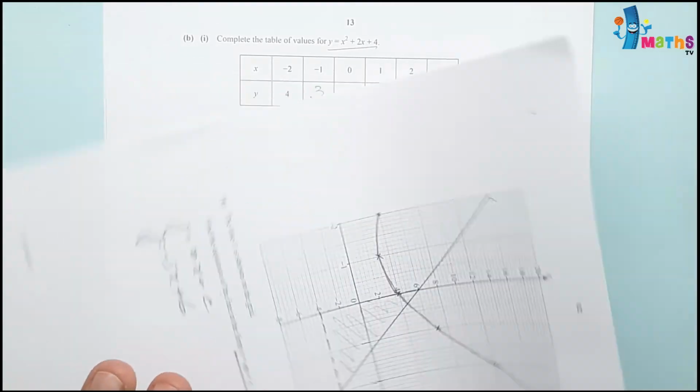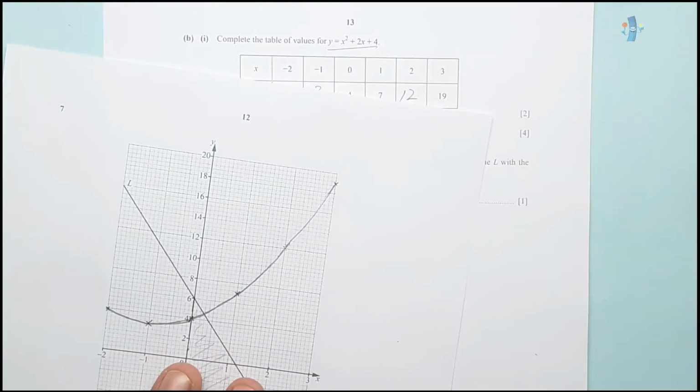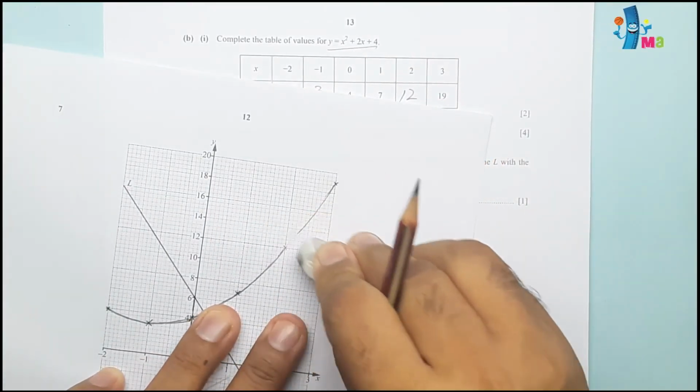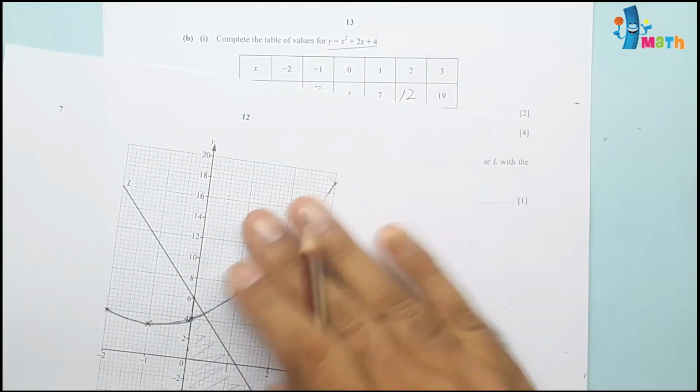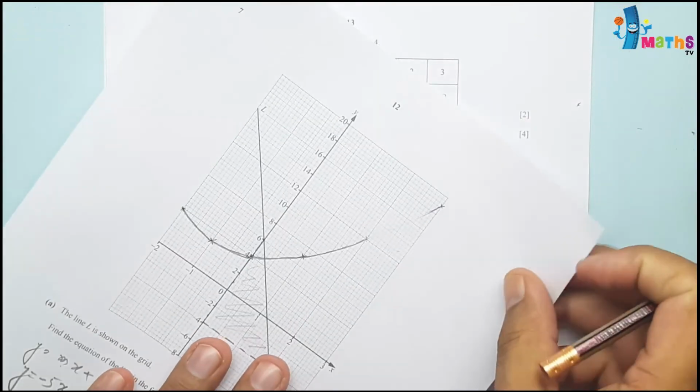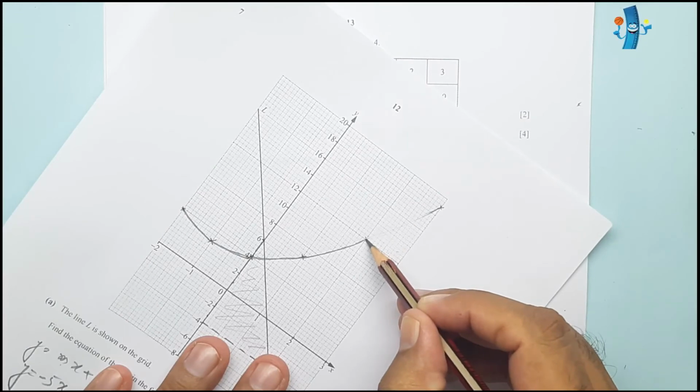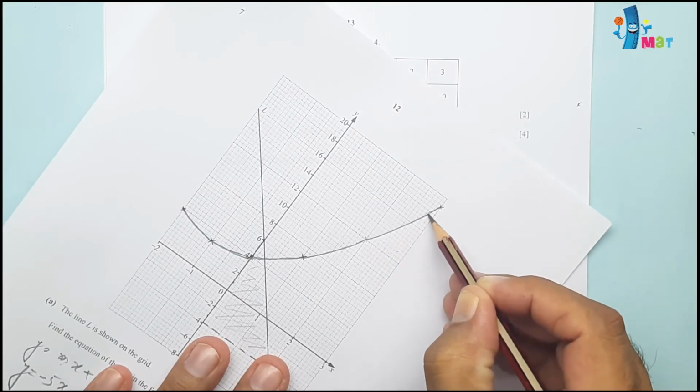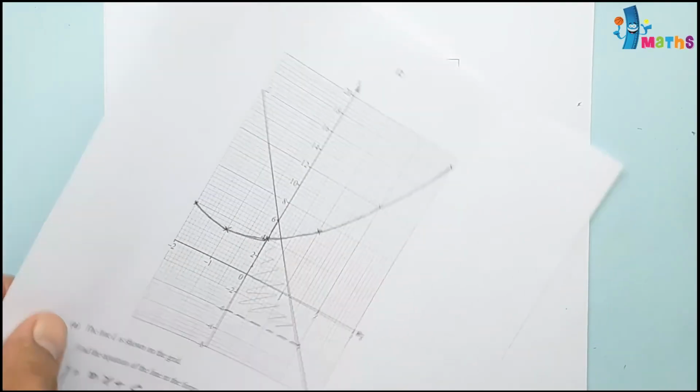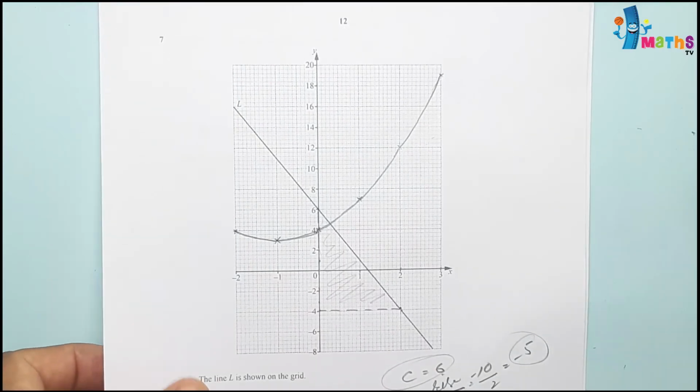So we have plotted the curve. We can rectify wherever required, and this will be the smoother curve which we have drawn.